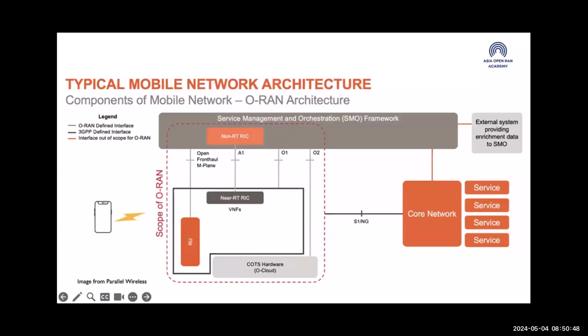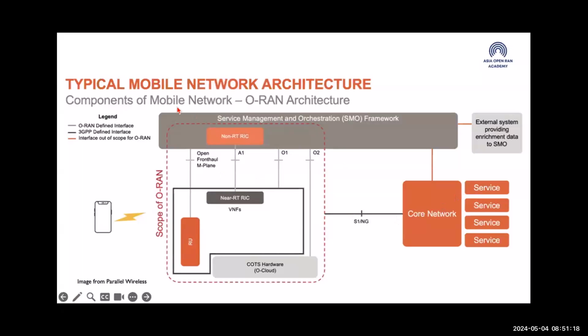For example, the S1 interface is still the same as a 3GPP defined interface. The O-RAN defined interfaces are still new interfaces. The O-RAN Alliance is responsible for defining these kinds of interfaces and specifications. So this is a typical mobile network architecture.